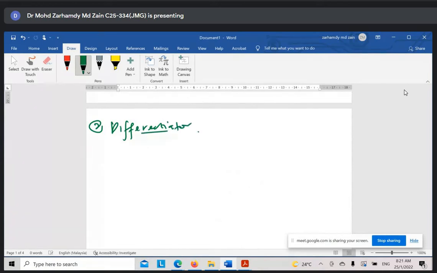Differentiator. So in the differentiator, G(s) is equal to s. We refer to the frequency response, so we have j omega, and definitely for the gain we have omega.